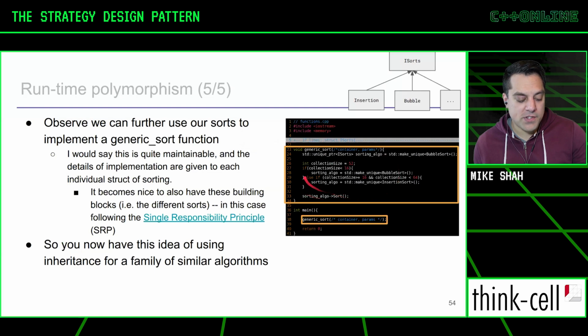So, anyways, let's further just sort of organize our sort function. Maybe we implement the generic sort here, and within this function, shown between lines 23 and 34, we're still doing something pretty similar to what we had before. We've got our maybe threshold sizes where we can choose things, but now we've at least got these building blocks, which are interesting: the insertion sort, the bubble sort, quick sort, and so on, that we can start working with these actual objects.